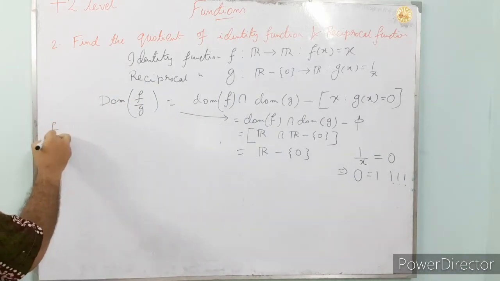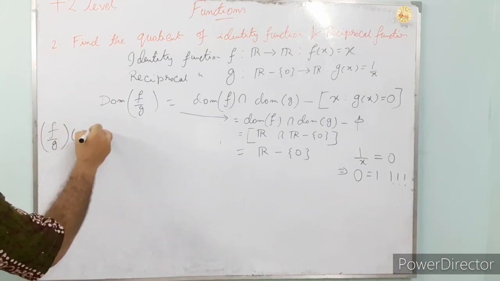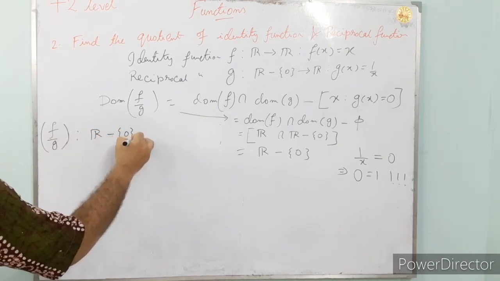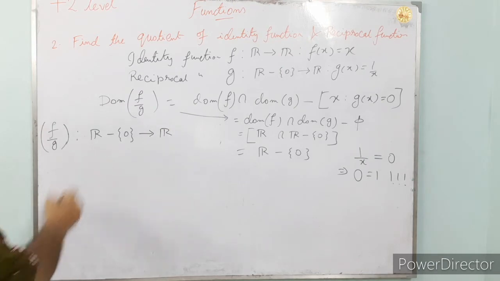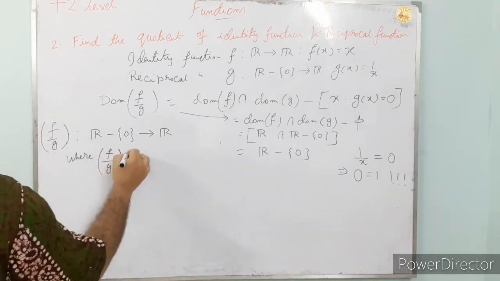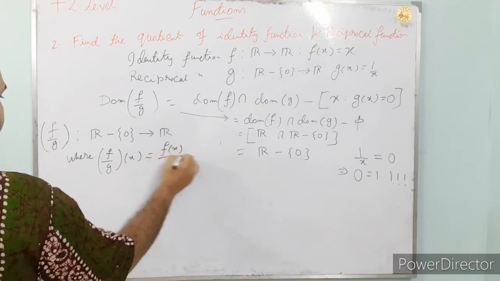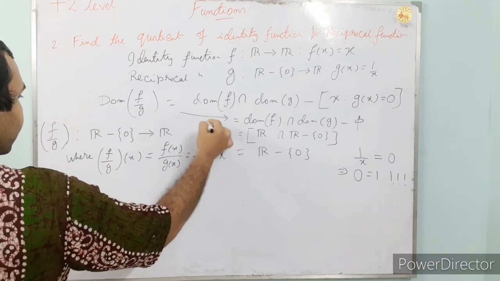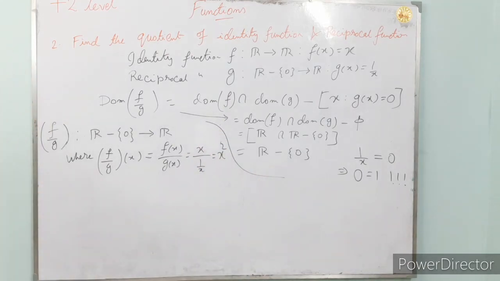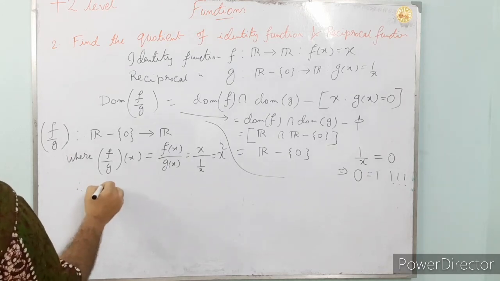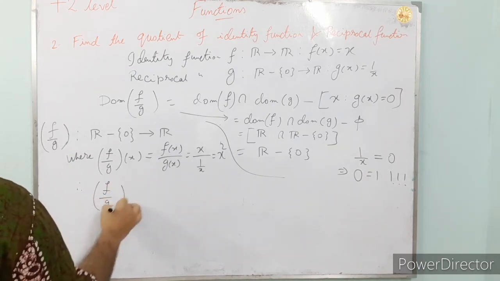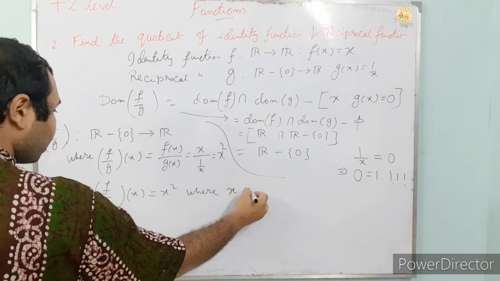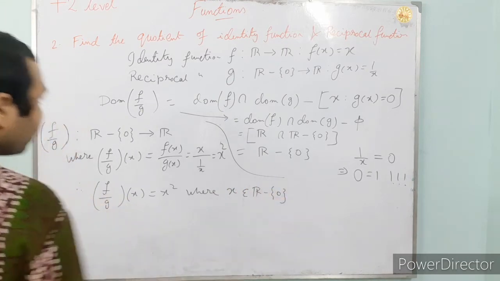Now f by g, from the real number set minus 0 to the real number set, f by g(x) equals f(x) by g(x) equals x by 1 by x equals x square. So f by g(x) equals x square, where x belongs to this. This is the result.